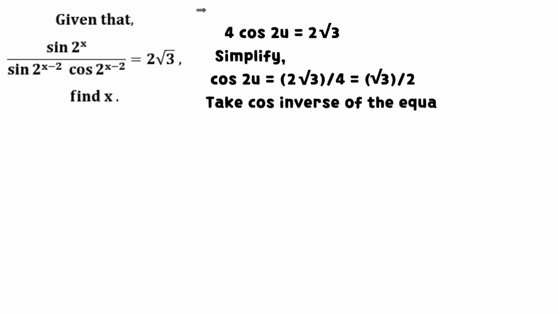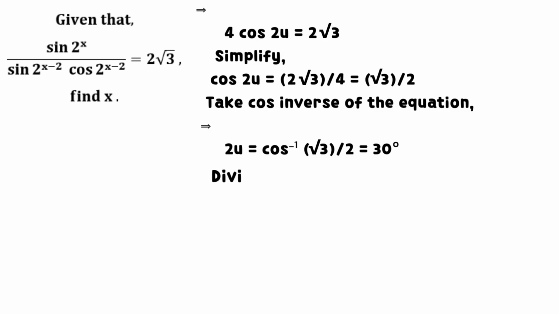Take the cosine inverse of the equation. It follows that 2 times u equals cosine inverse of the square root of 3 divided by 2, which equals 30 degrees. Divide the equation by 2. It follows that u equals half of 30 degrees, which equals 15 degrees or pi divided by 12.